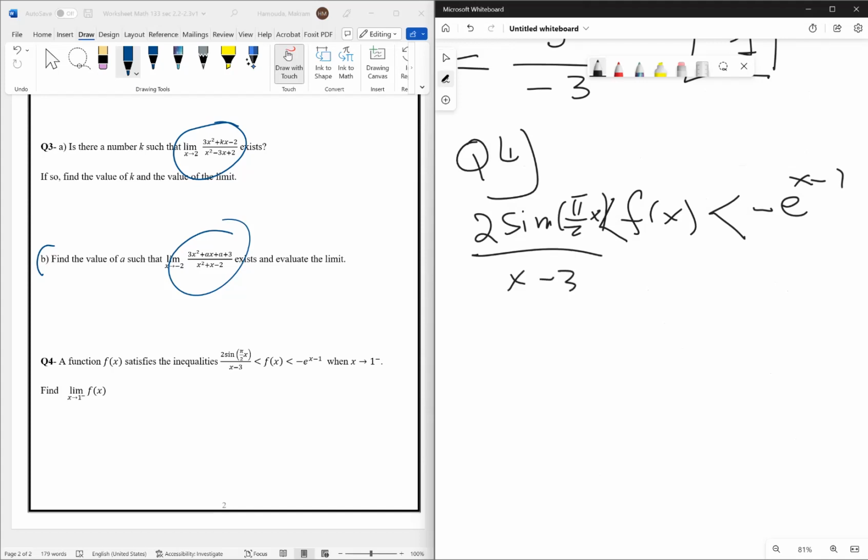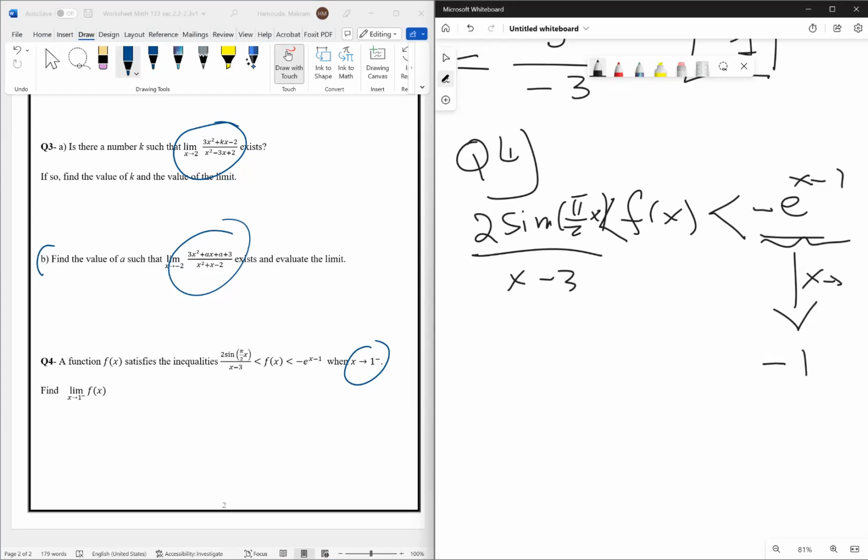And we want the limit when x approaches 1 minus, okay? So x goes to 1 minus, so x minus 1 is like 0 minus, and exponential of 0 minus is 1. So it goes to -1 this way.